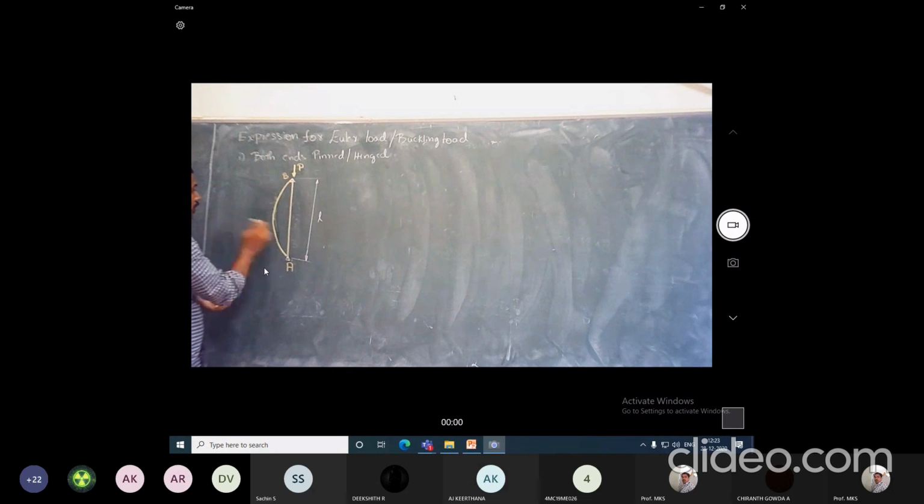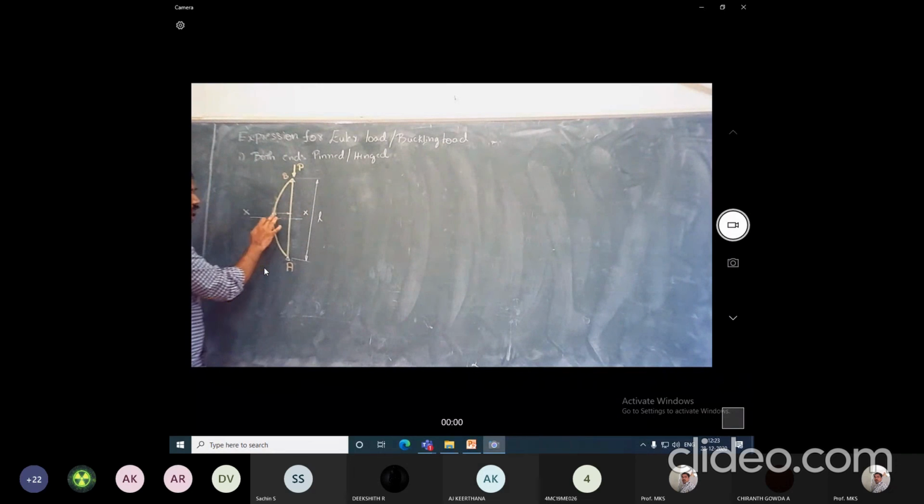If I consider any section of the column at a distance x, this is the deflection y.